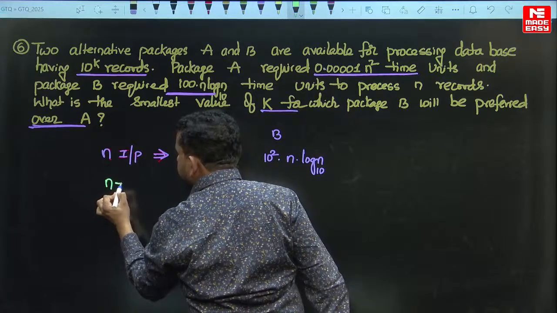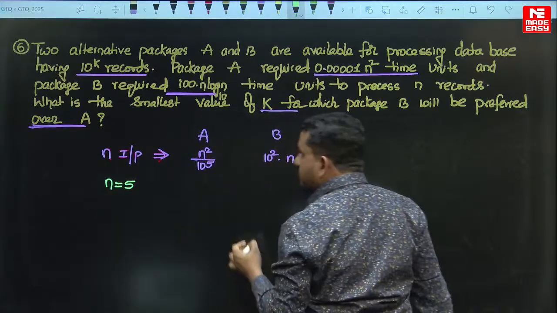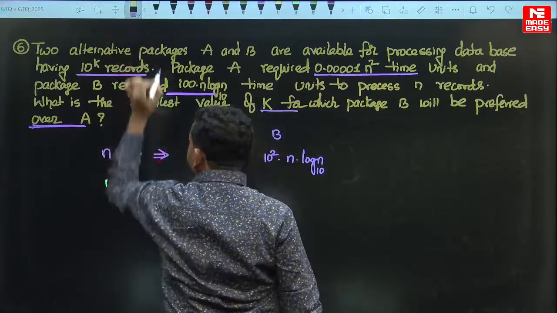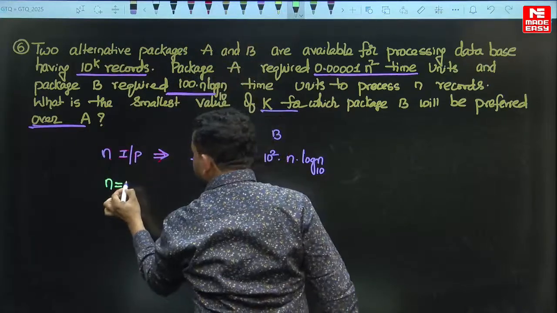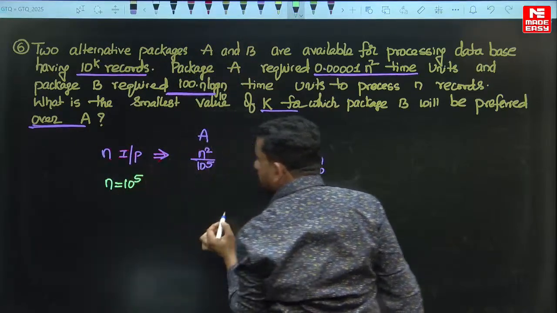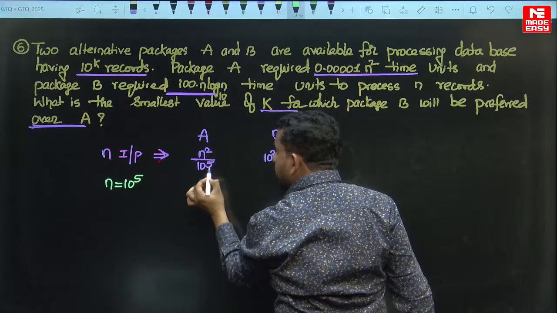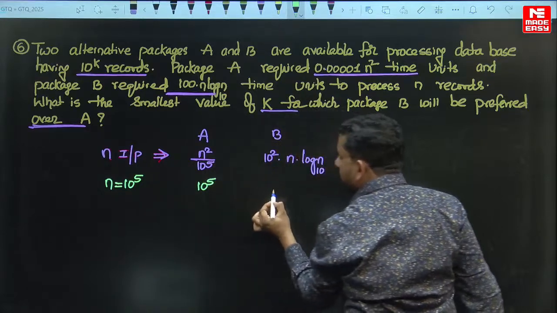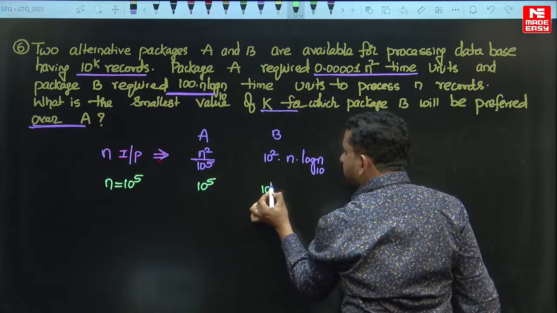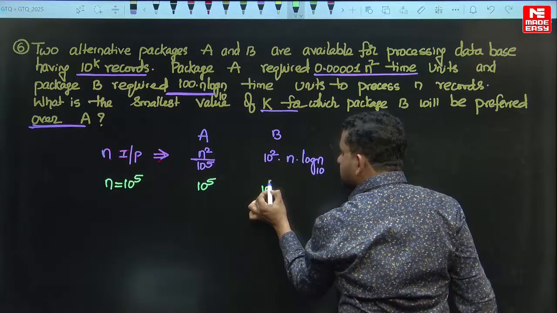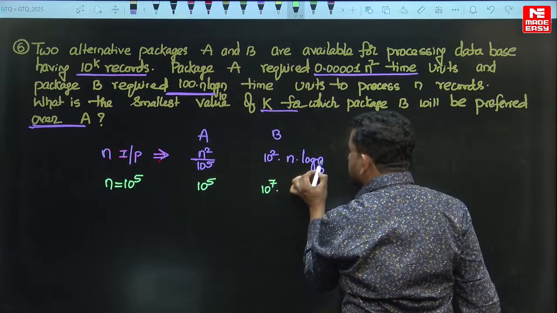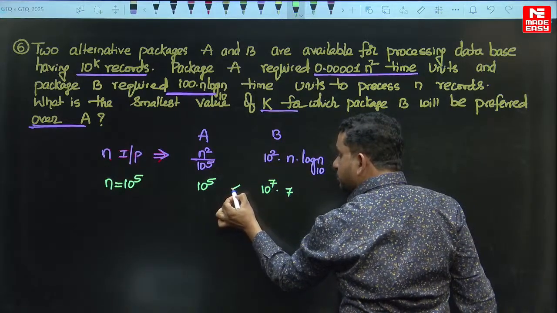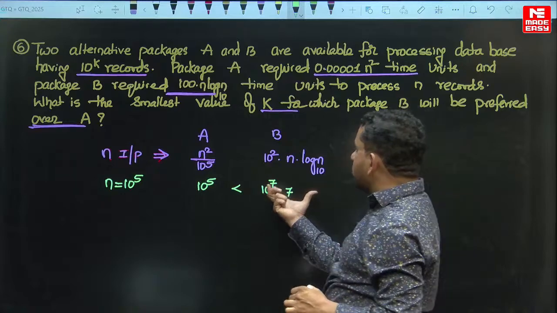For example, take n in terms of 10 power k. If n equals 10 power 5, then 10 power 5 whole square becomes 10 power 10, divided by 10 power 5 gives 10 power 5. For B, 10 square multiplied with 10 power 5 is 10 power 7, multiplied with log 10 power 5 base 10, which is 5. Still package B is more costly.